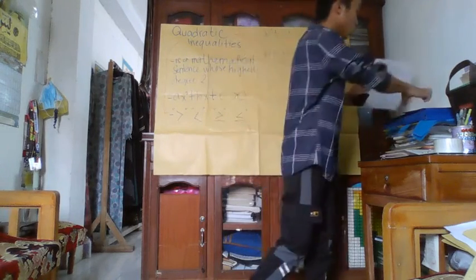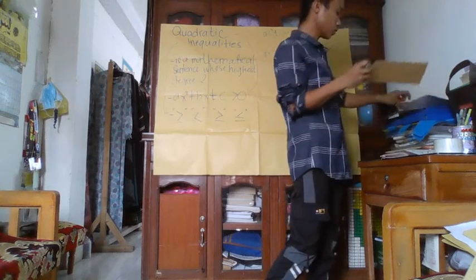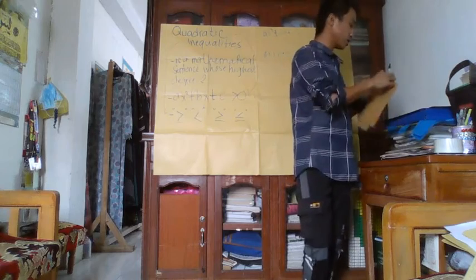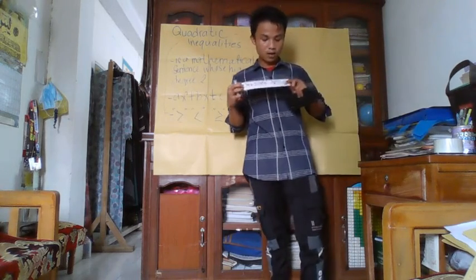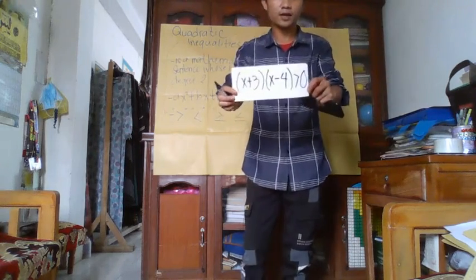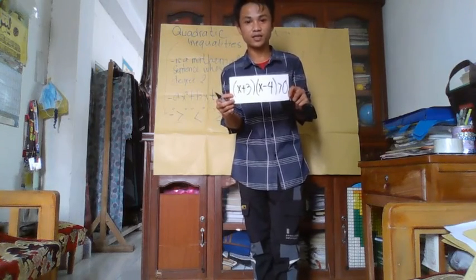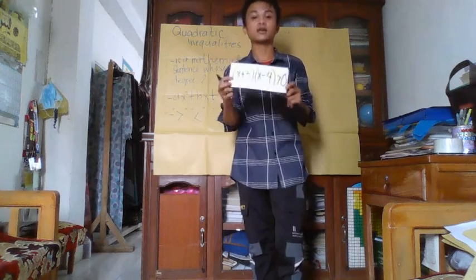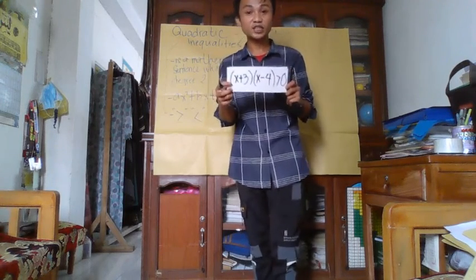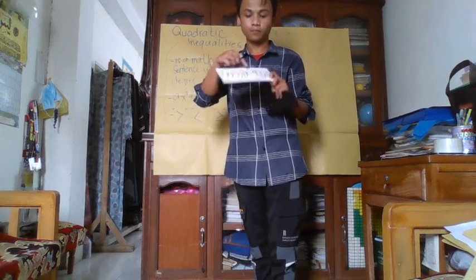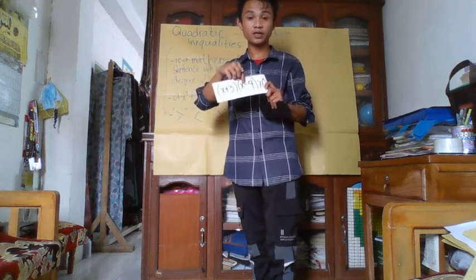So, I am going to show if it is a quadratic inequality or not. The example I gave earlier, this is a quadratic inequality. Yes, it is quadratic, because once you use the FOIL method, it becomes a quadratic inequality.